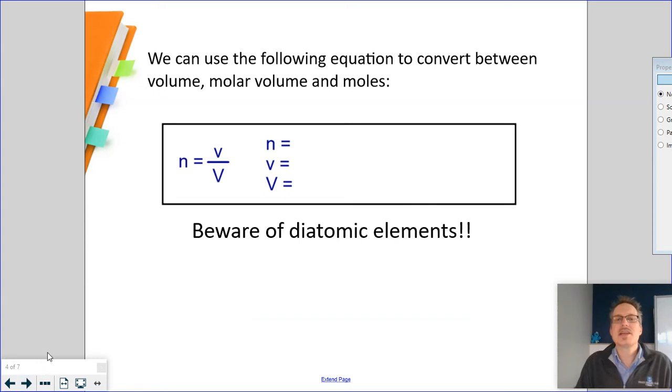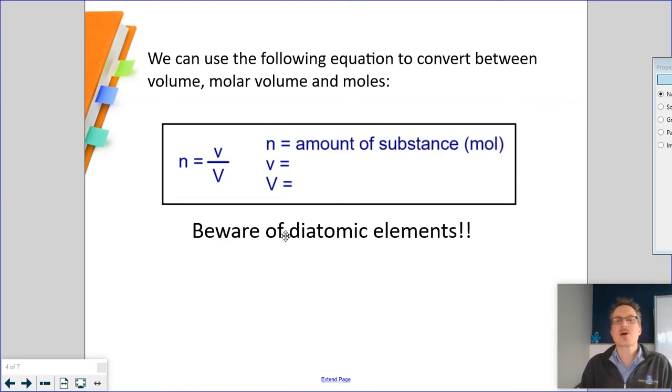Okay, now the next thing we have to worry about is we have to memorize today's formula. Now you'll notice today's formula is very similar to yesterday's formula, where we now are saying a mole is equal to a volume over a molar volume, little v over big V. This is very similar to a mole is equal to mass over molar mass, little m over big M. N is still going to be the same.